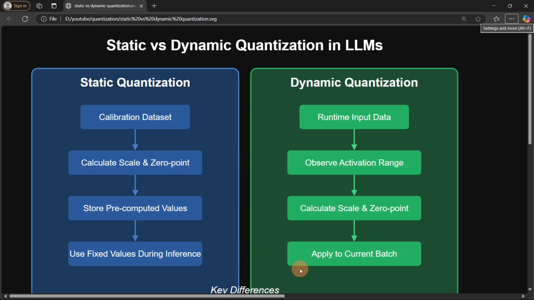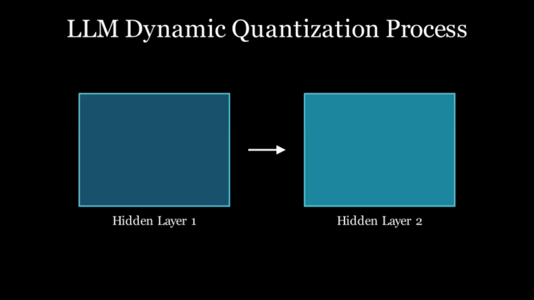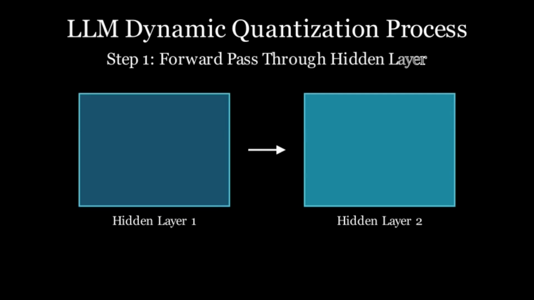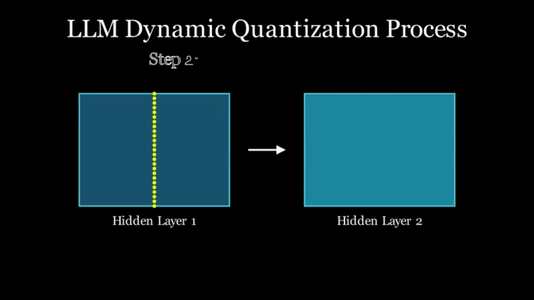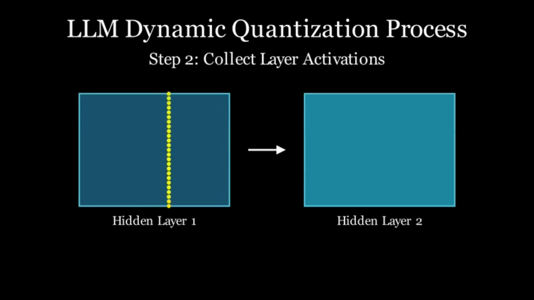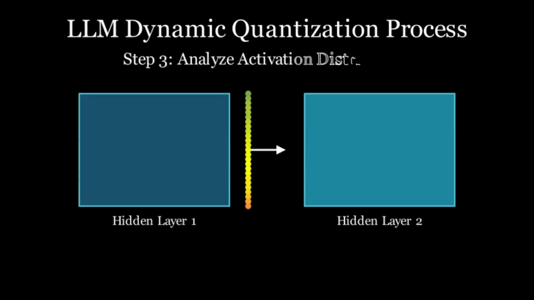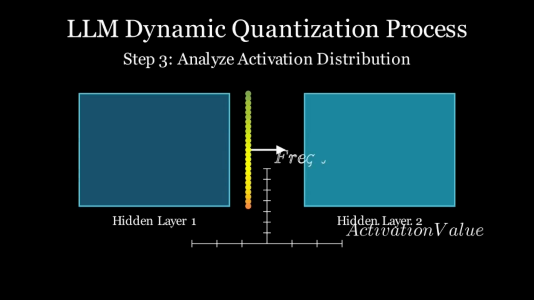So, the steps for the dynamic quantization process. Let's consider hidden layer 1 and hidden layer 2. We forward pass through the hidden layer. We collect the layer activations and then we analyze the activation distribution.